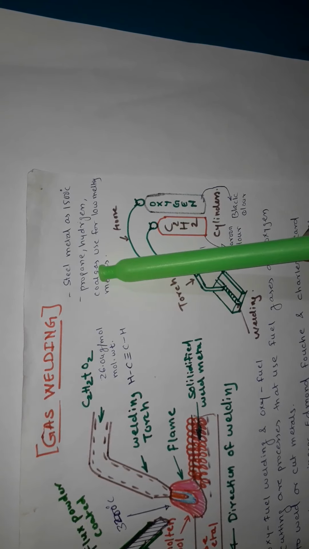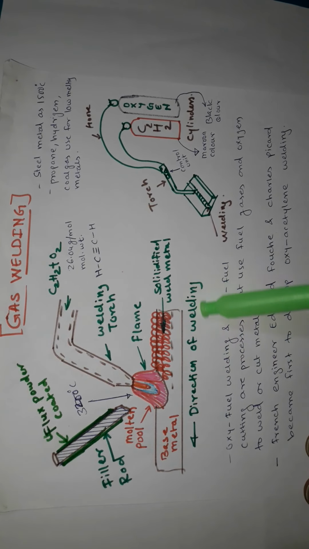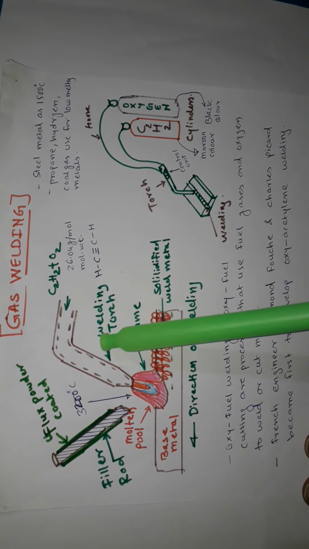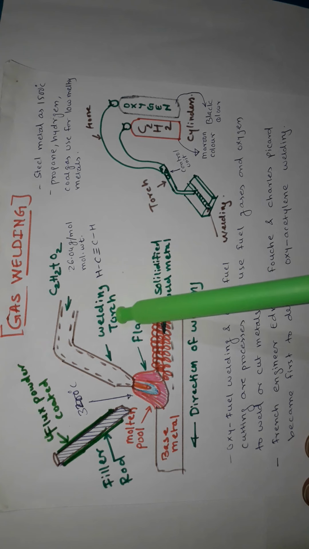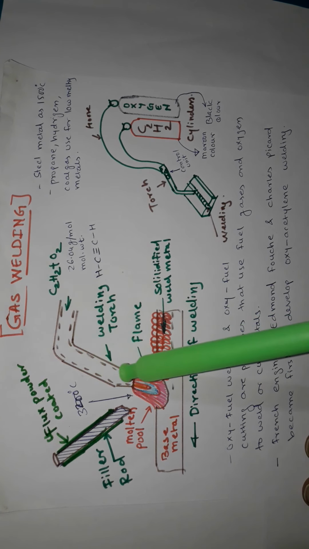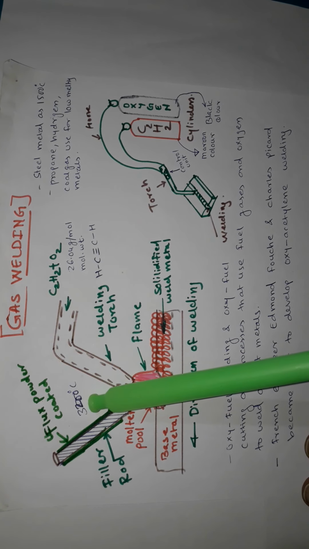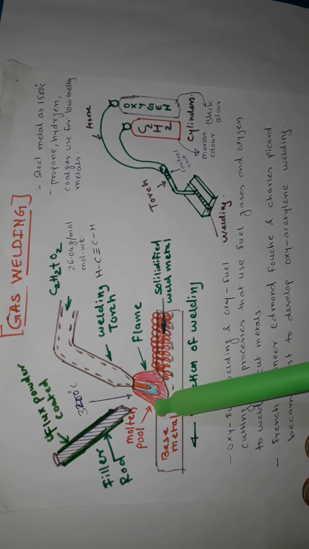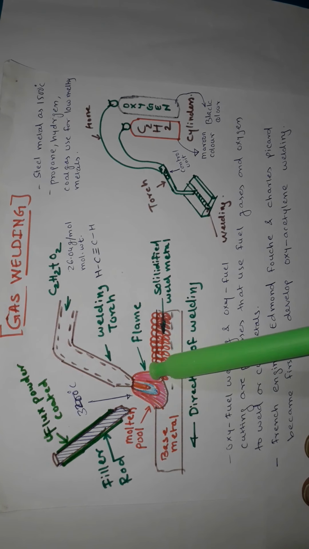So here in this figure you can see that the direction of welding is this way, meaning the torch is moving from right to left. And whenever the torch hits the base metal, due to the tremendous heat of 3200 degrees centigrade, the base metal gets somewhat melted, or fused.